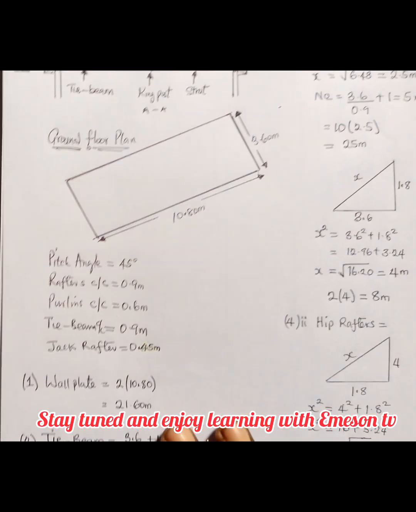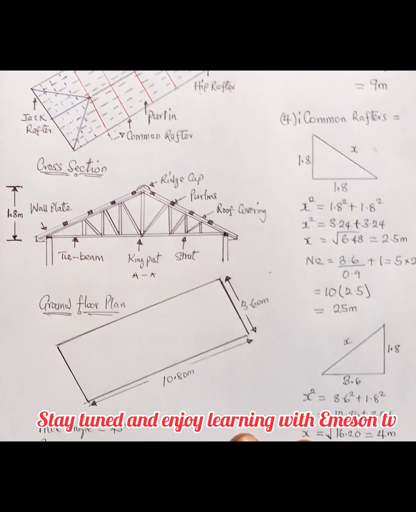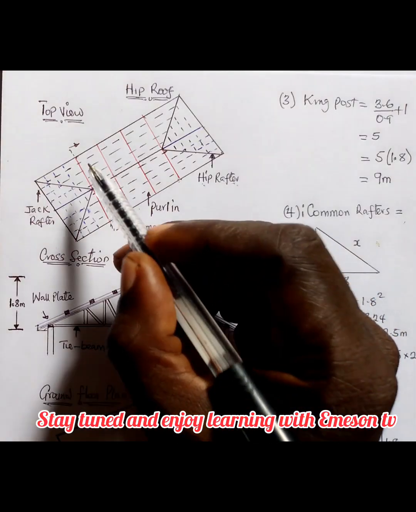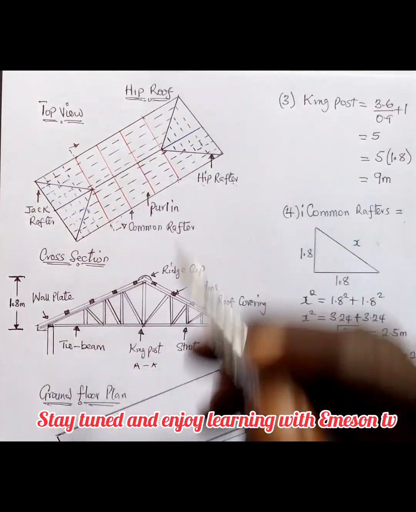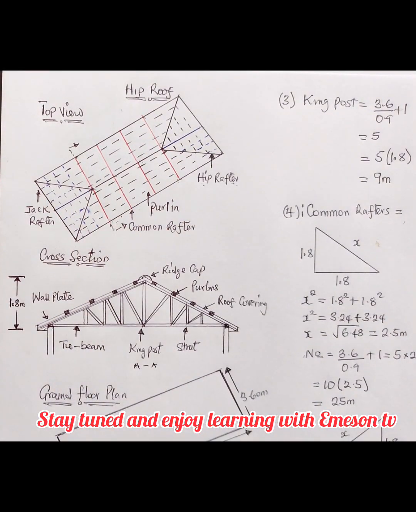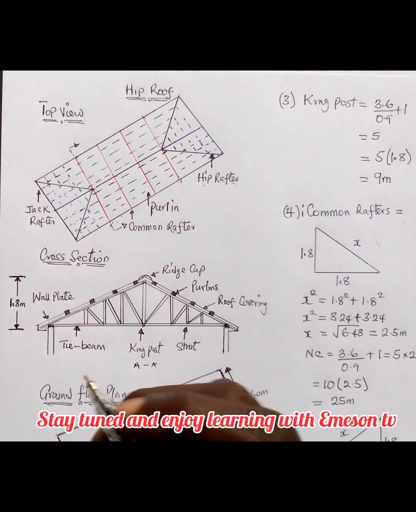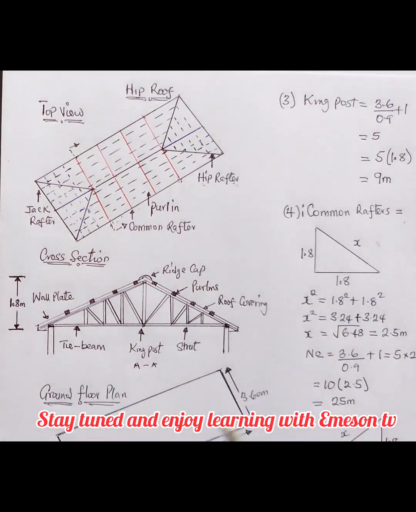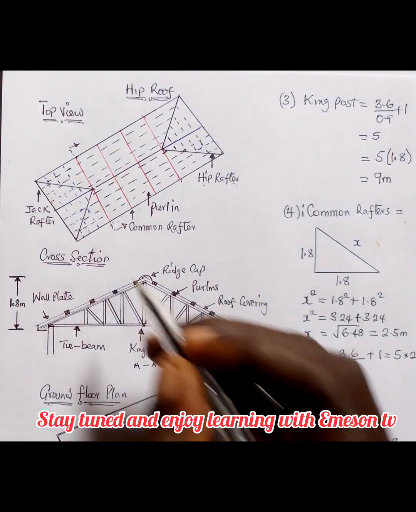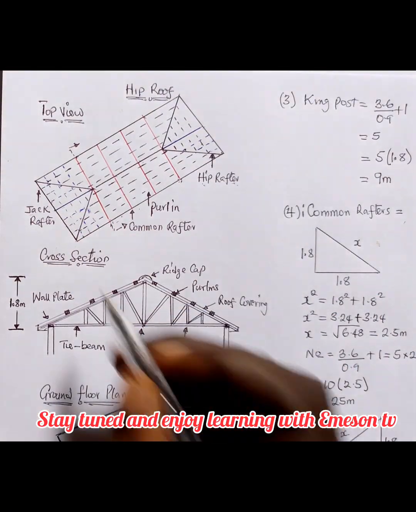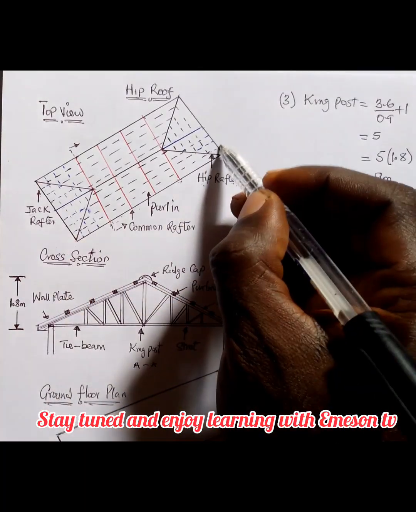Then for tie beam, for our tie beam in our hip roof, let's use the top view. The tie beam is going to run from this point to this point, where you have your struts. If we use the house span rule for this design, it means from here to here, using our ground floor plan, is 3.6, here is 3.6, here is 3.6.